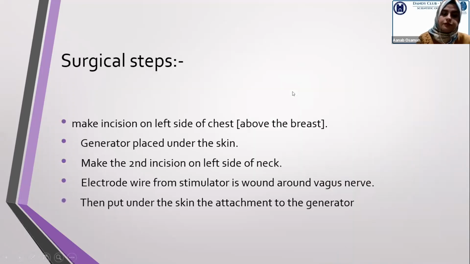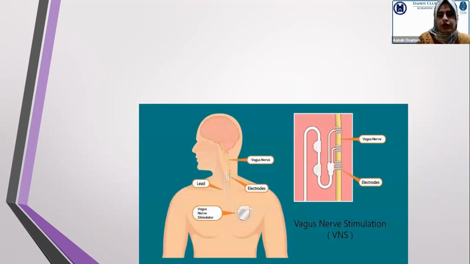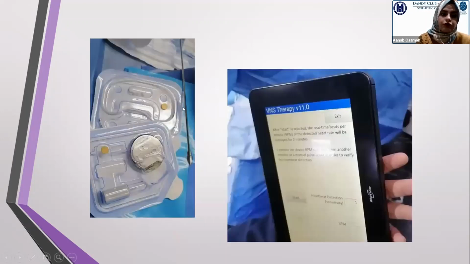The surgical steps will be clearer if we see this illustration. As I mentioned, we make two incisions. The first one is on the left side of the neck and the other on the left chest above the breast, and we make a connection between them. When we identify the vagus nerve, we use the electrode coils. This is the kit of this therapy.